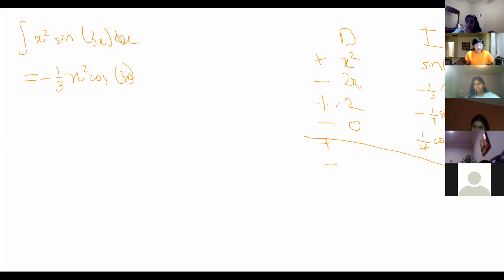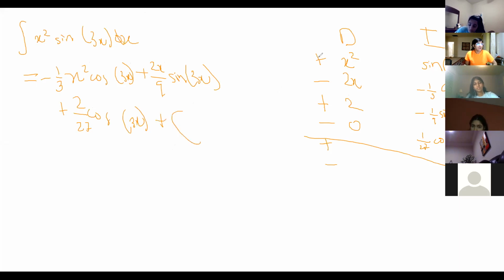This is why we wrote the plus minus plus minus. Negative 2x times the negative 1/9 will be plus 2x over 9 sine 3x. And then we do the next diagonal, which is plus 2 over 27 cos 3x. And then you have your plus c, and you're done.